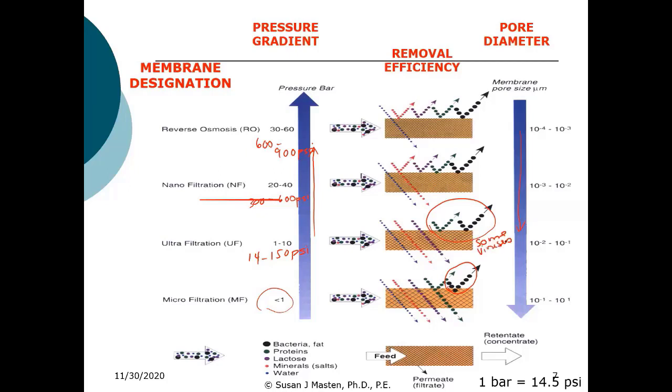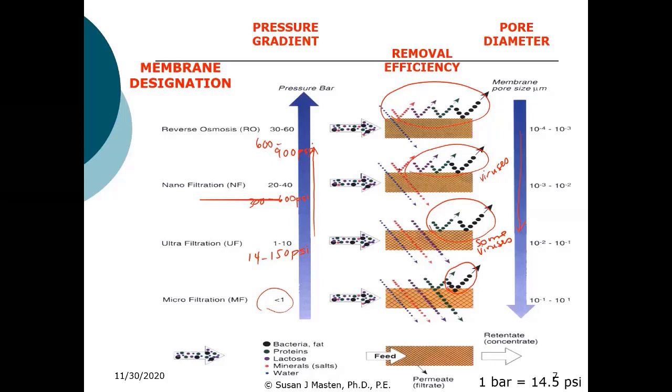Now, when we move to nanofiltration, we're removing smaller molecules. We can remove essentially all viruses. So we will remove the bacteria, we'll remove crypto, and then essentially all viruses. And then when we're looking at reverse osmosis, we're looking at removing ions. When we're looking at desalination, removing the salts from seawater, we're looking at reverse osmosis.